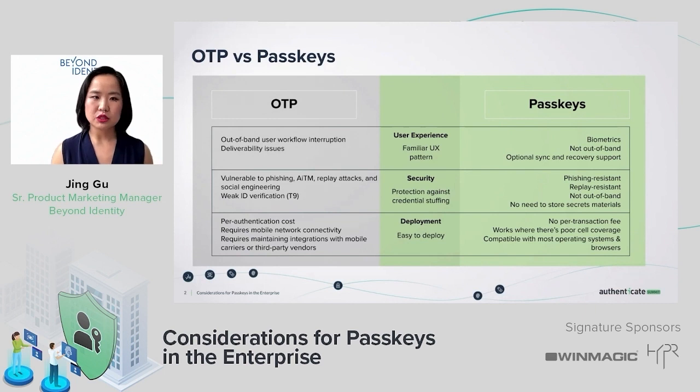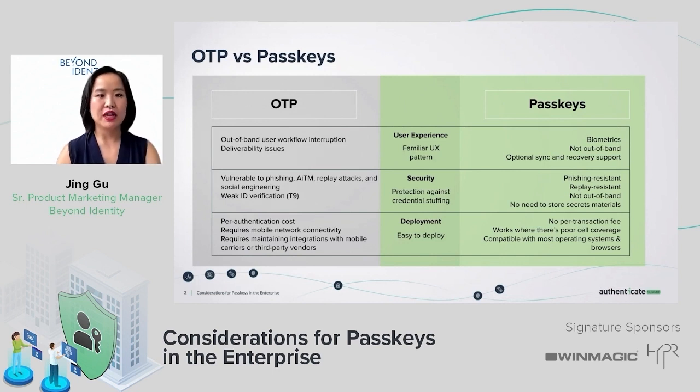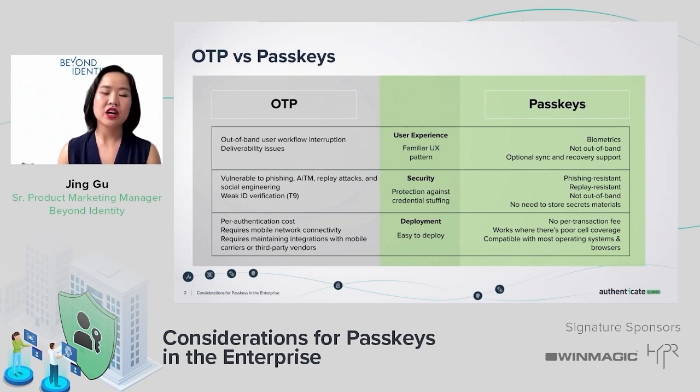The key differences between one-time passcodes and passkeys include user experience, in which one-time passcodes require an out-of-band workflow for the end user. So if I'm on a laptop and I need to log in and I'm prompted to have a code, then I need to go grab my second device. And that takes the user out of context for their work, and it can introduce a lot of friction for them.